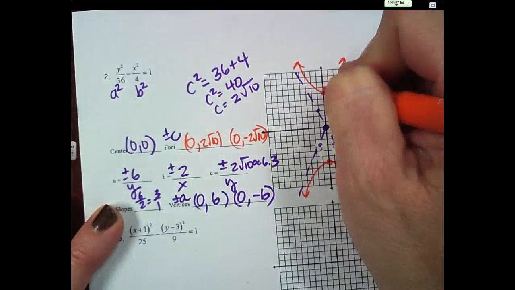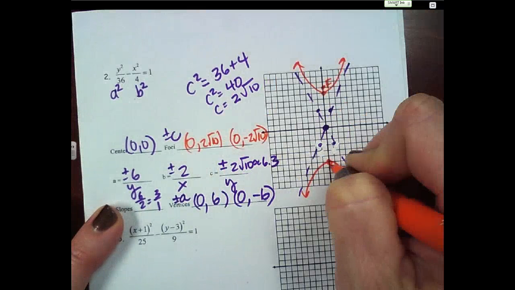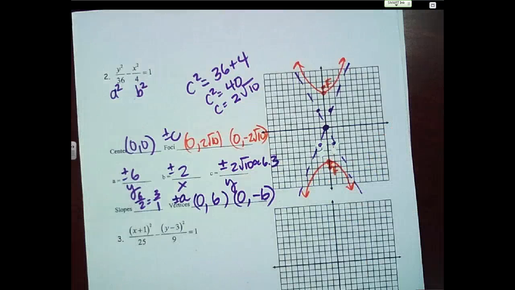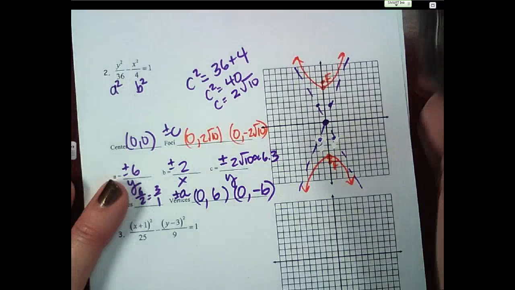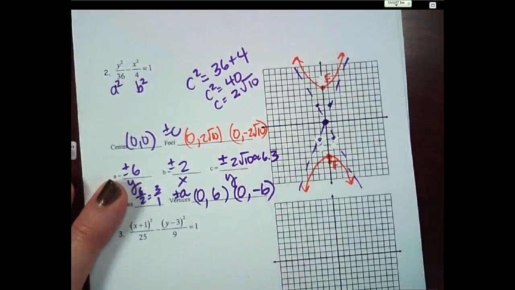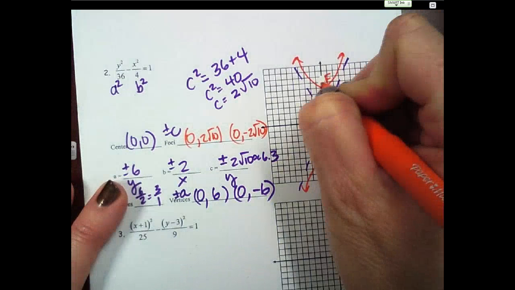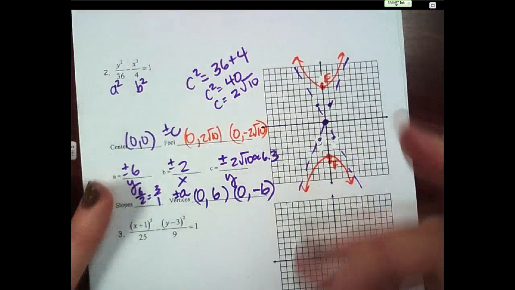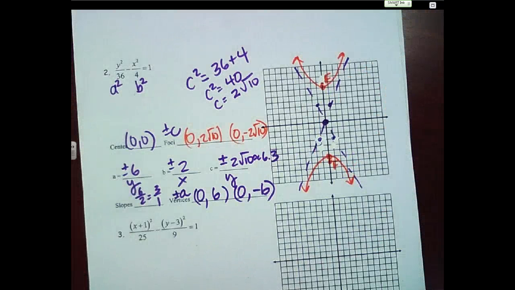So you go 6.3 in each direction. Mark my foci. I think it's too high. It's almost right next to it. And sometimes it's far away, sometimes it's close, it depends on how skinny they stretched it.